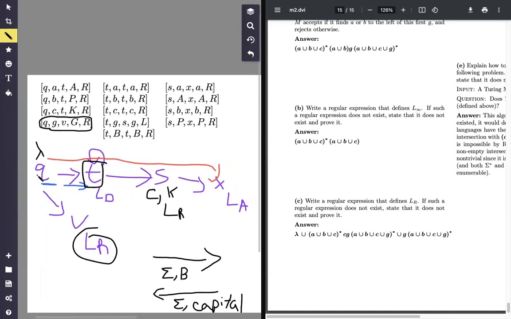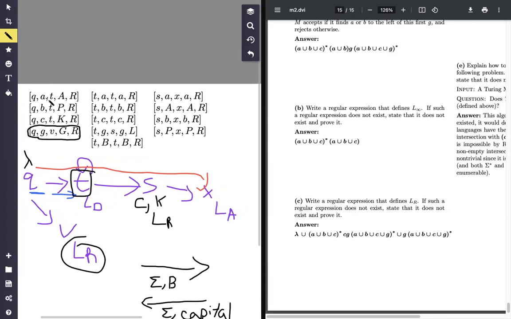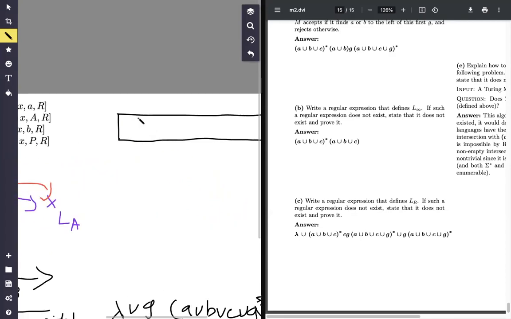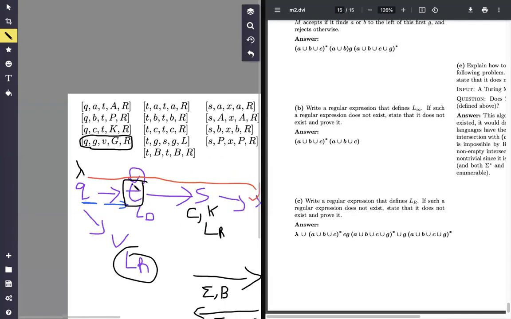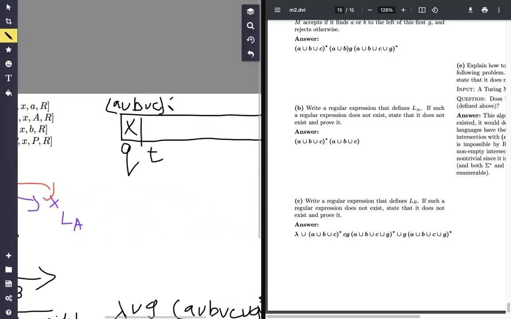We get to state S from Q to T. There are three transitions that take me from Q to T. I don't know if the capital letters matter, so let's just assume it doesn't for now, and be as generic as possible and just say A or B or C. There is some lowercase letter here, either an A, B, or C, and then I was in state Q. Whatever this lowercase letter was, I just turned it into an X and moved to the right. Now I'm in state T. State T, we know, has a loop. We see that right here. It's an A or B or C star loop.